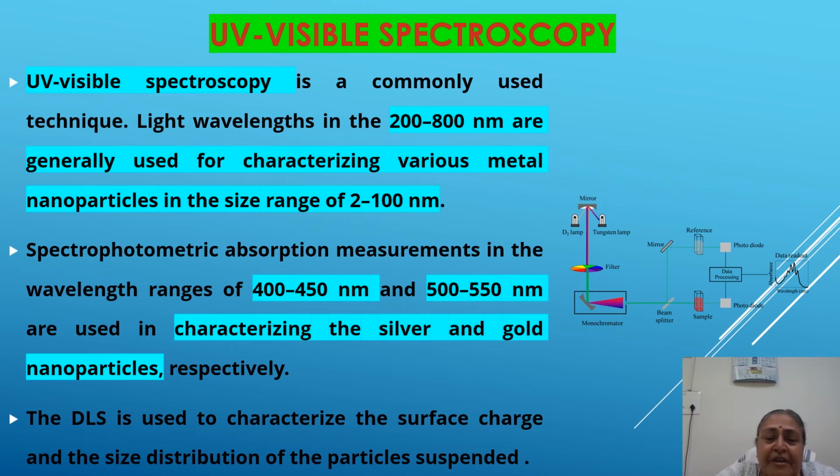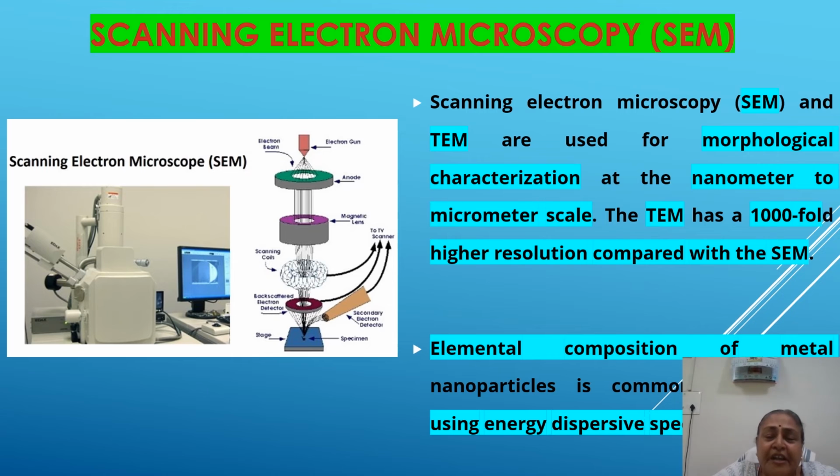So in this way, I will not go into much depth. These are the details of the UV-visible technique, then the SEM technique, and TEM technique. Here the TEM has a 1,000-fold higher resolution compared to the SEM. So for algal-based particles, screening through TEM is more beneficial, and the elemental composition of the metal nanoparticles is commonly determined.